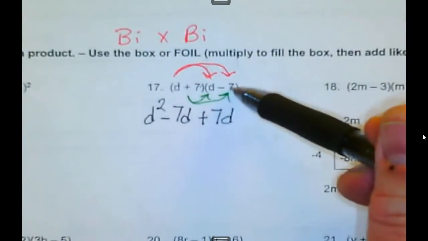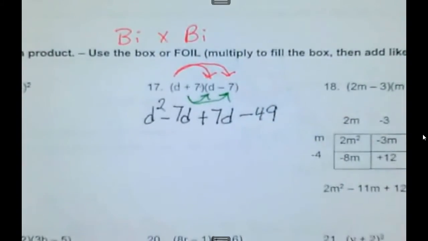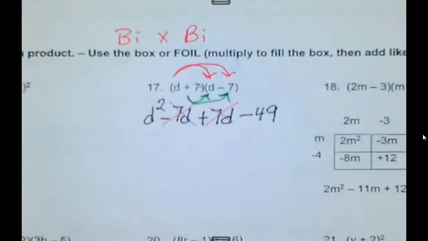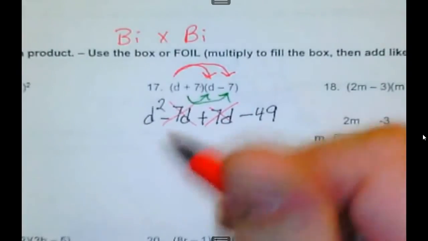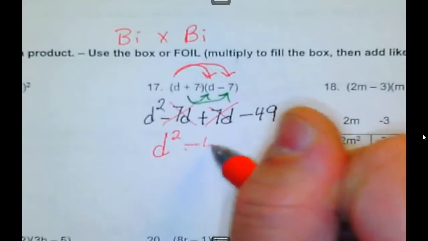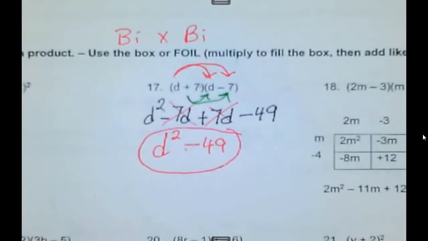And 7 times negative 7 is negative 49. Combine like terms. These happen to cancel, right? And all I have left is D squared minus 49. You guys remember doing that? I think we did it this semester.